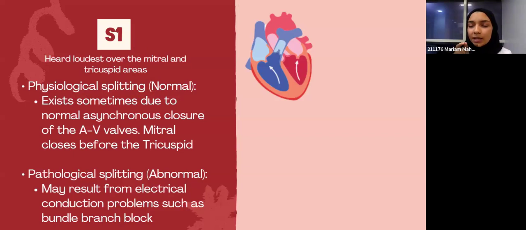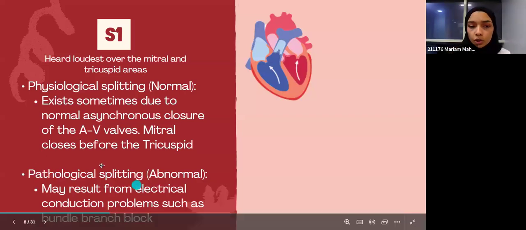There is sometimes a milliseconds difference between them. So that's what causes the asynchronous closure of the AV valves, right? Usually the left ventricle contracts before the right ventricle, so it will push on the mitral valve and close it before the tricuspid.